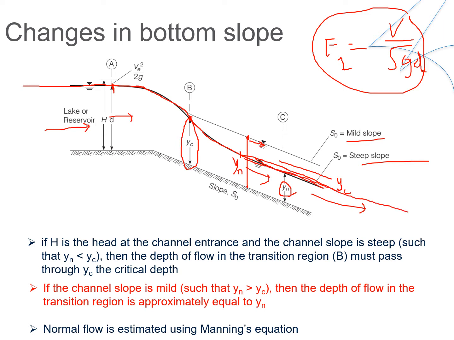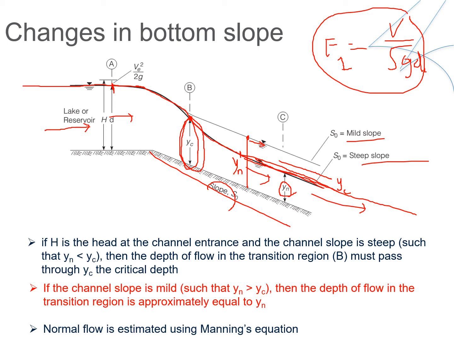So the subcritical depth slowly decreases, reaches the critical depth smoothly, and then it will be constant, depending on that slope. If the slope is different, this depth will be different, but once it reaches the normal depth, it will flow at that normal depth. Between the subcritical and supercritical regions, there will be a point where the flow is exactly critical.